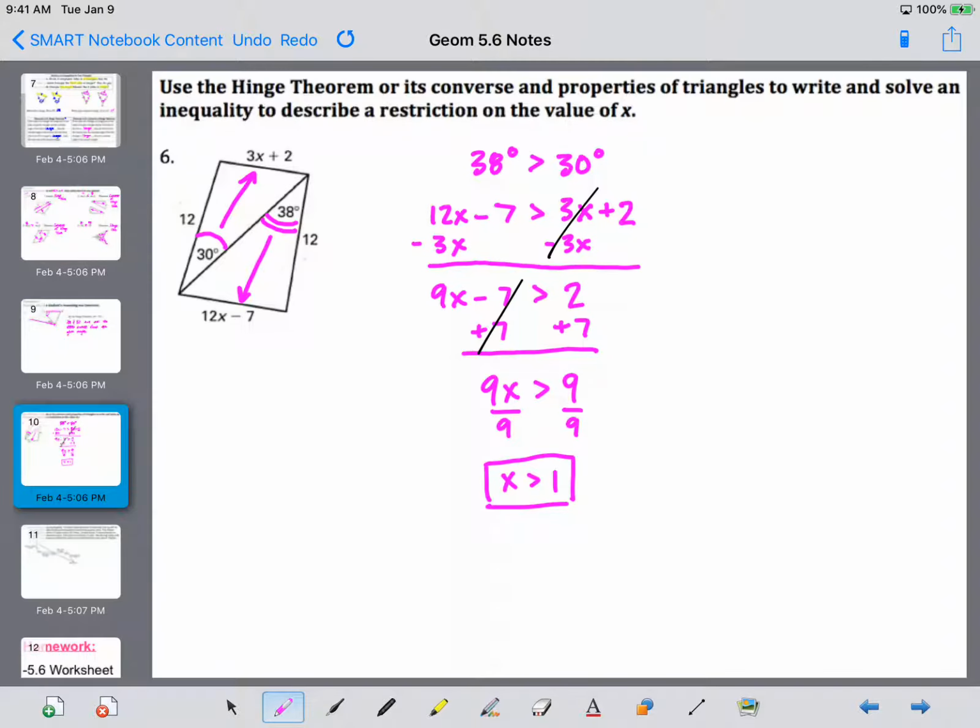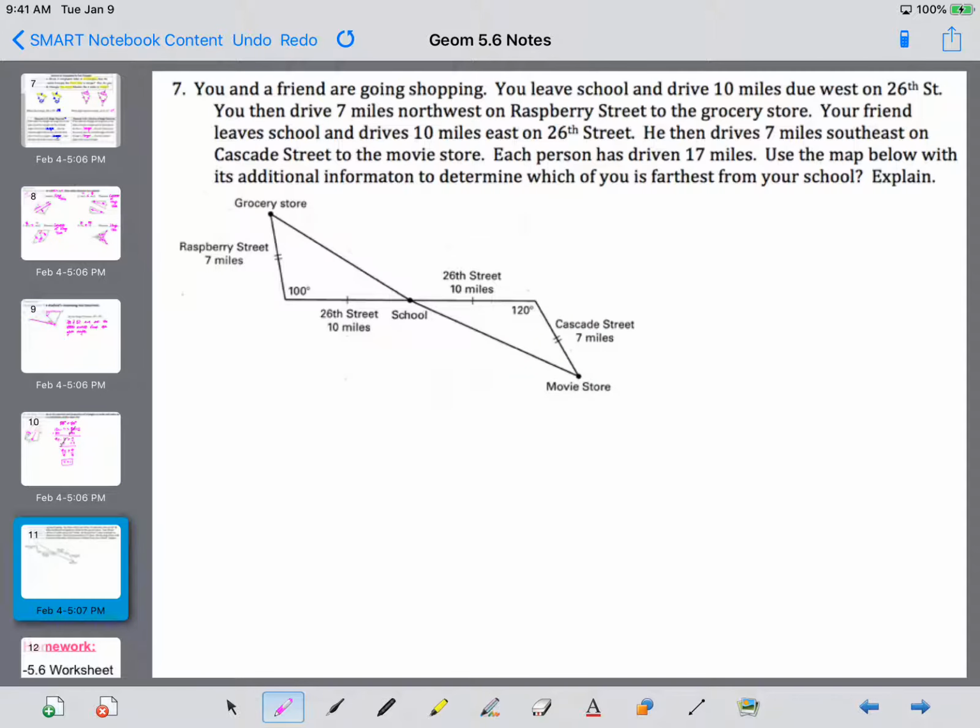Okay, and now let's look at one story problem involving the hinge theorem. You and a friend are going shopping. You leave school and drive 10 miles due west on 26th Street. So you are at school, and then you go 10 miles west on 26th Street.